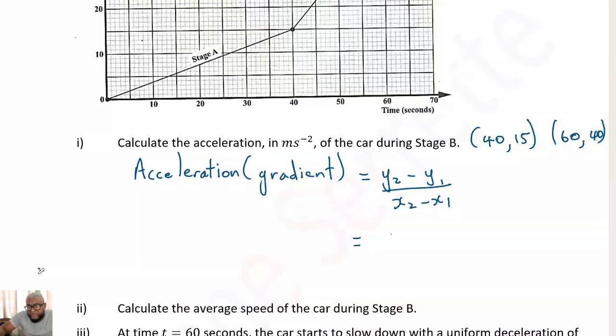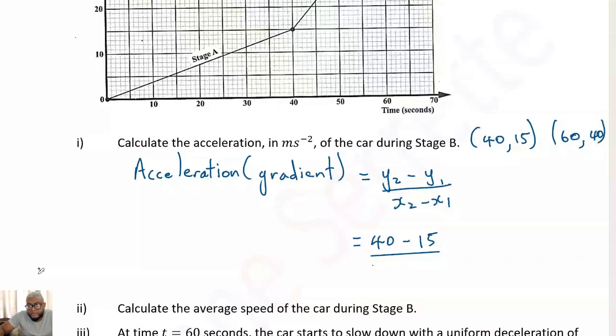Now, I'm not going to write no x1, y1 above. So let's go to Isaiah. What's y2? 40, sir. 40 minus y1, Tyler. Subtract 15. X2, Aiden.